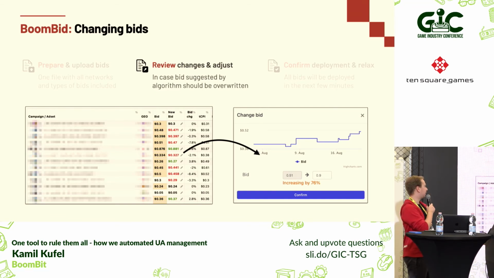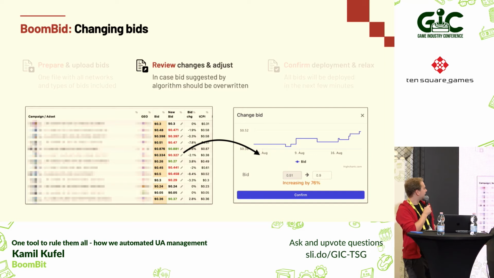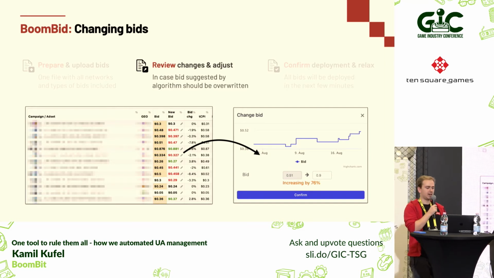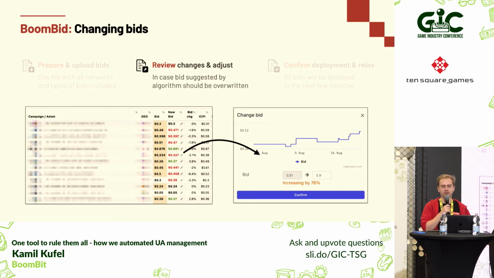But for the campaigns or countries where you have the highest spend, we can still do manual changes. So make some small adjustments to the bid by clicking on the pencil button, editing the bid, clicking confirm. Obviously, you get a warning if the change is too big or too small. You are seeing the history of the bid, the history of the performance, all the KPIs in the same place.